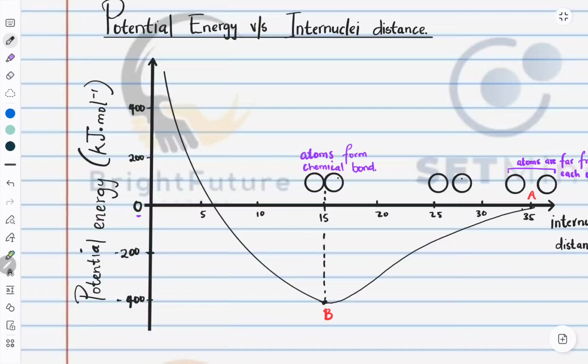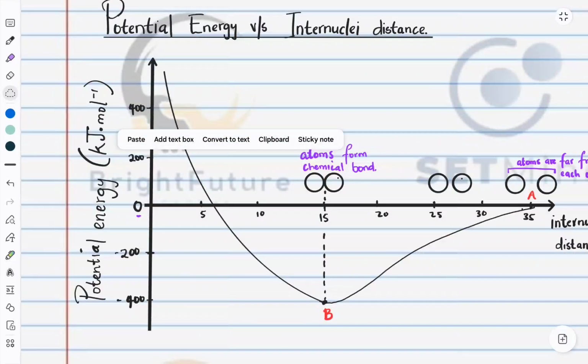Now, at point B, a chemical bond is formed, minimum potential energy is reached, and the stable state is reached. These atoms are now in a bond. If by whatever external force we try to bring them together again, pushing them closer and closer, the potential energy will increase.